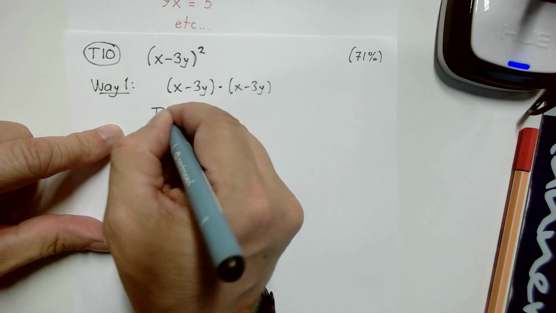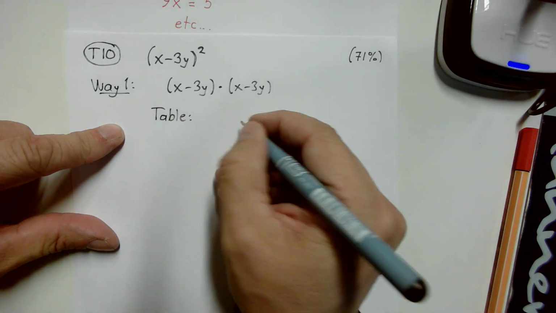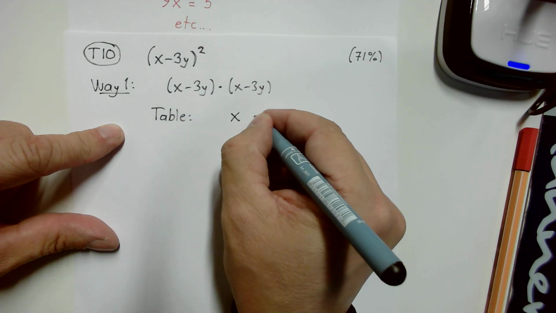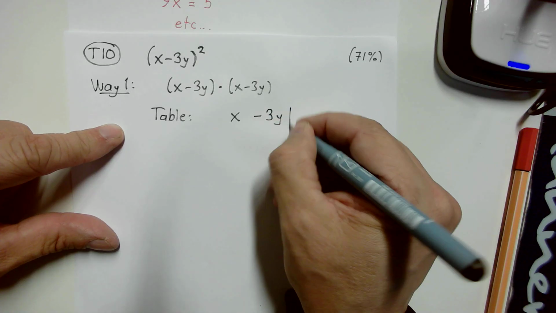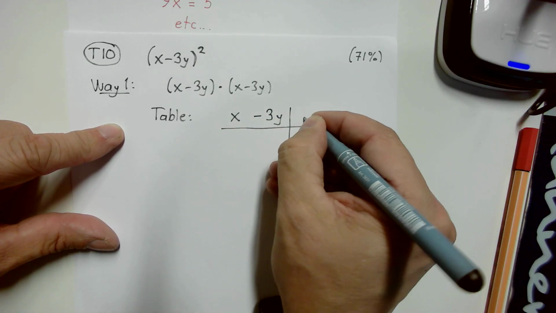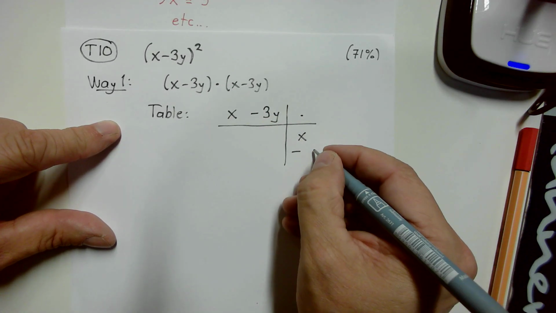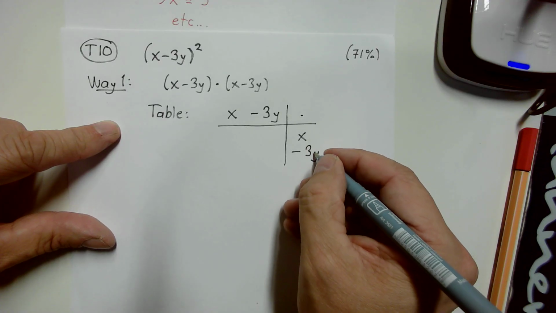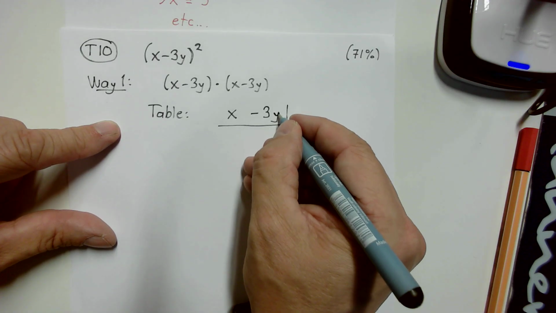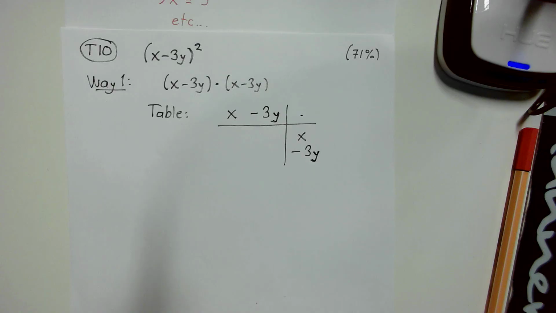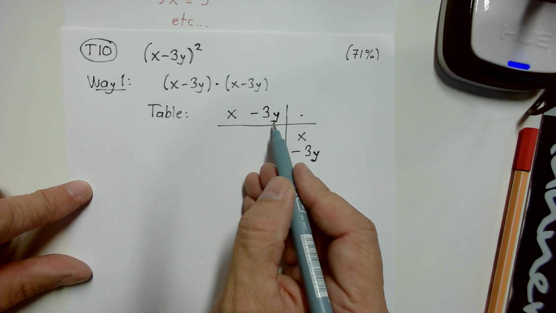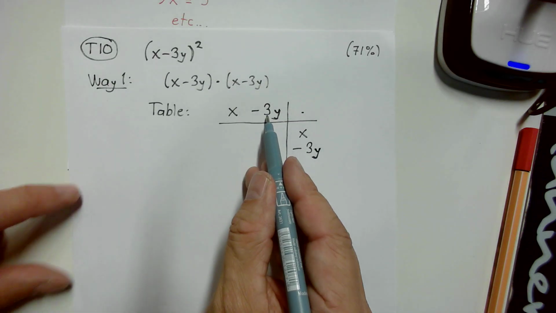And with the table way, we could write this as x minus 3y, times x minus 3y.